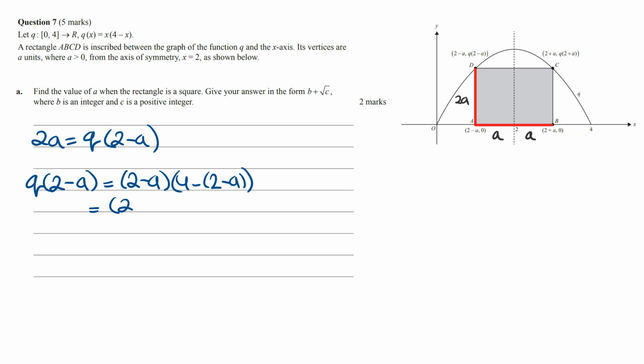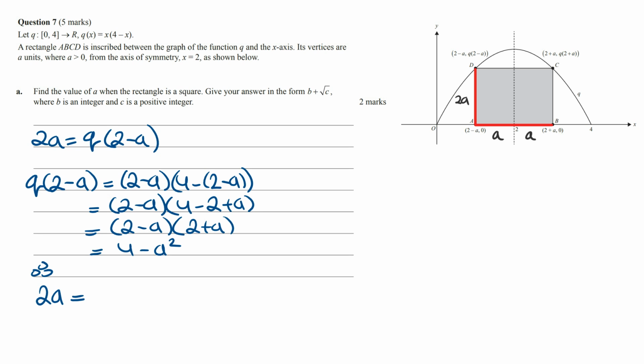And so this is going to be 2 minus a times 4 minus 2 plus a. Simplifying this will be 2 minus a times 2 plus a. Expanding this is going to be 4 minus a squared. And so therefore we could say that 2a is equal to 4 minus a squared.